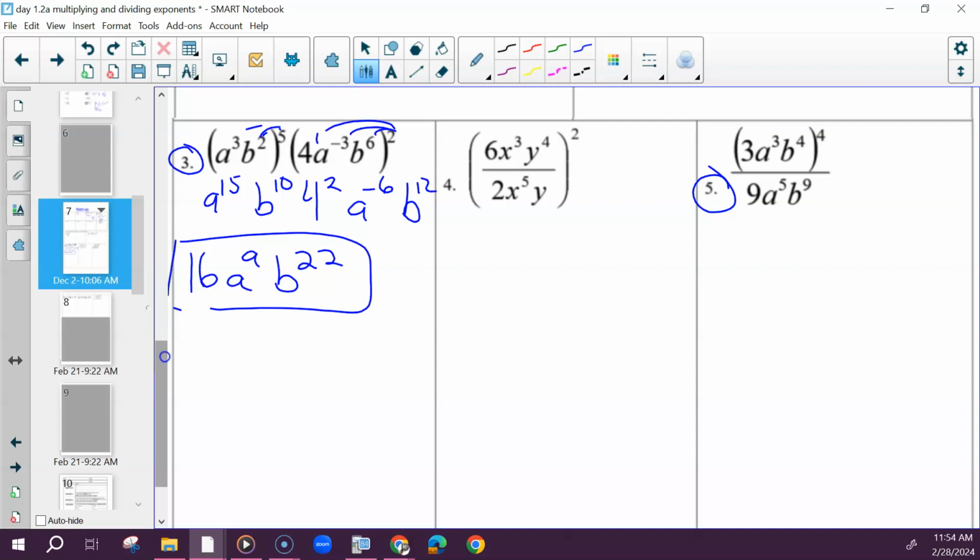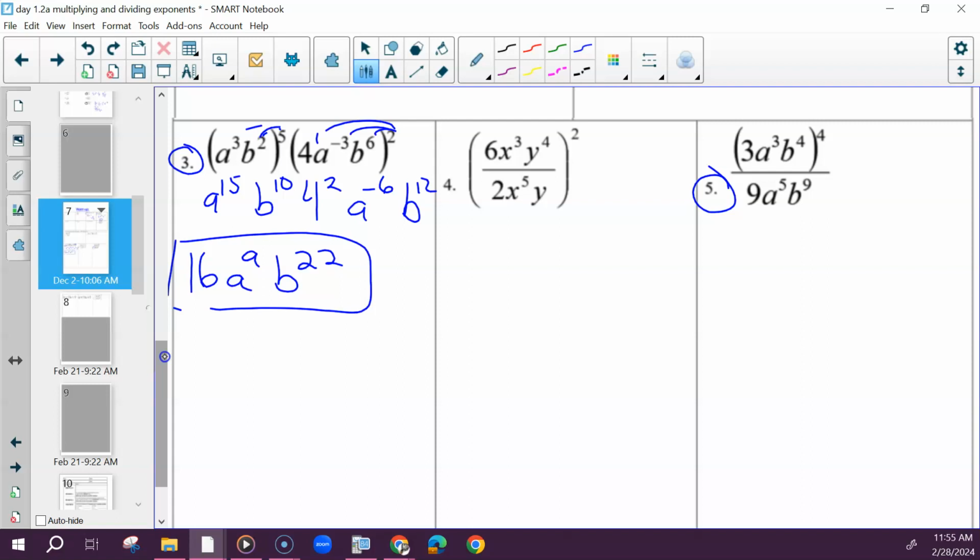Stuff like this, b to the 22nd, is why we don't want to expand it forever. Because imagine writing 22 b's. It would be a lot. Questions on that one before we do 5? That'll be the last thing we do today, unless we have other questions here.